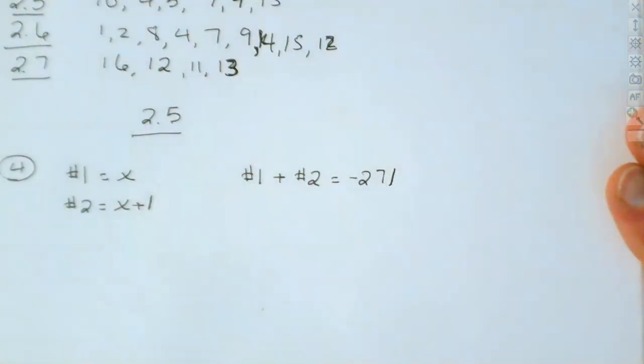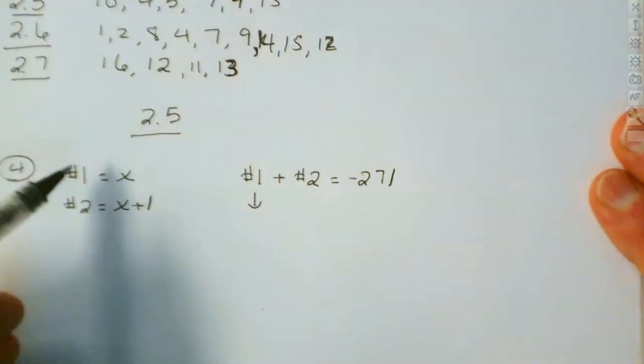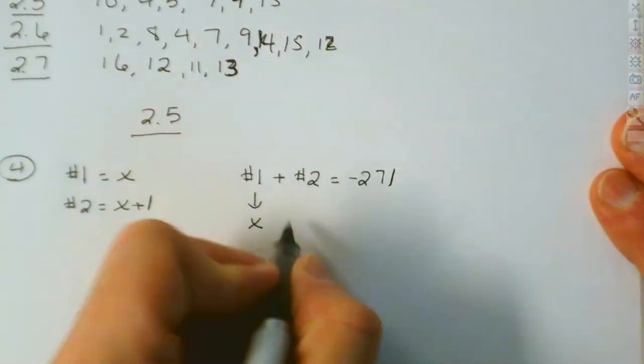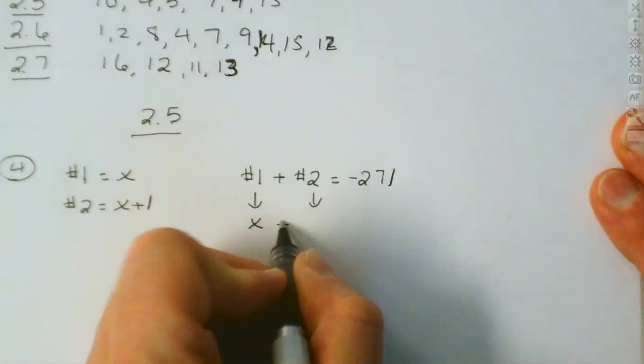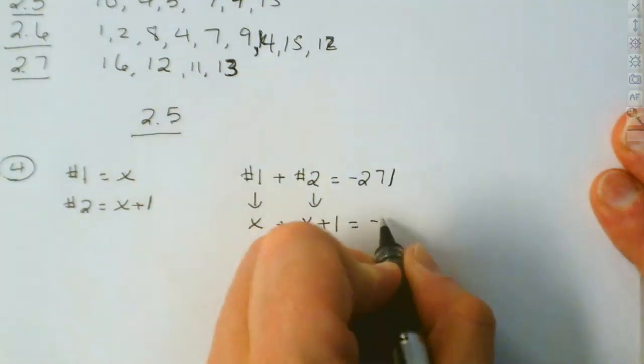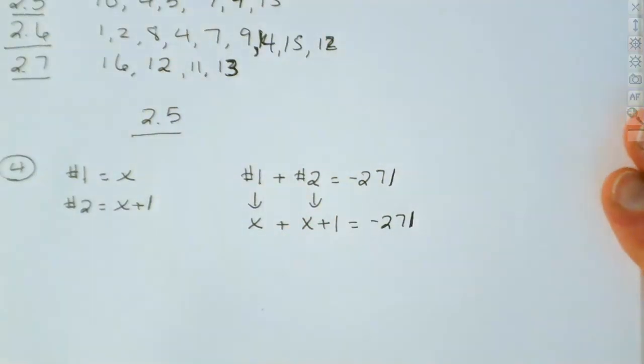Minus 271. Is everyone okay with that? Now, what do we do from here? We plug in what they are. And we said the first number, well, that one was x. The second number, well, what was that one? x plus 1, and that equals now a minus 271. So there's my equation.